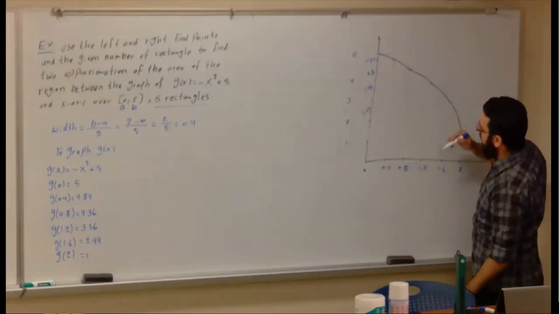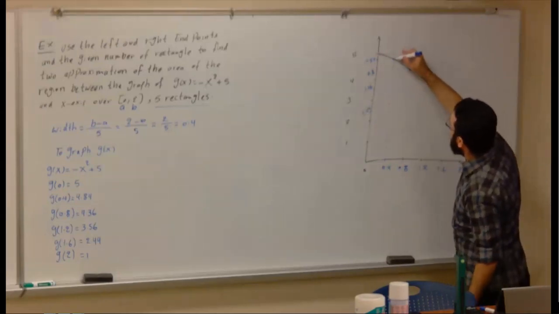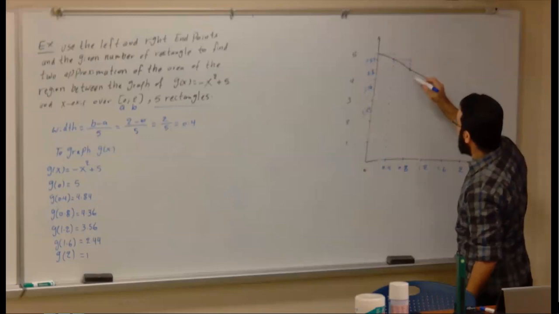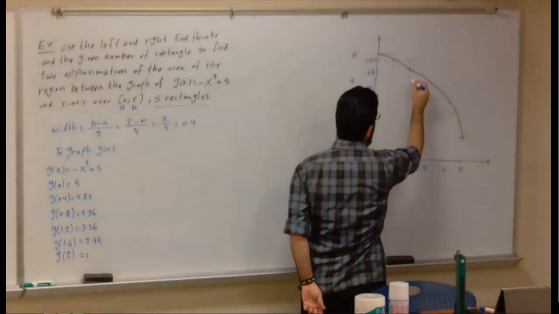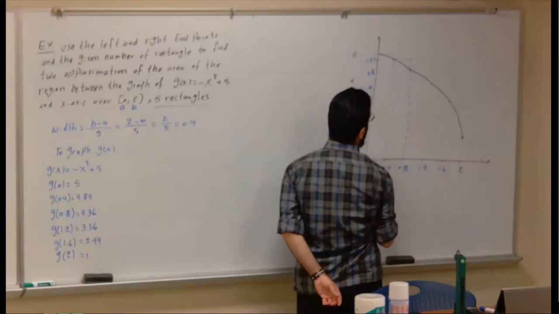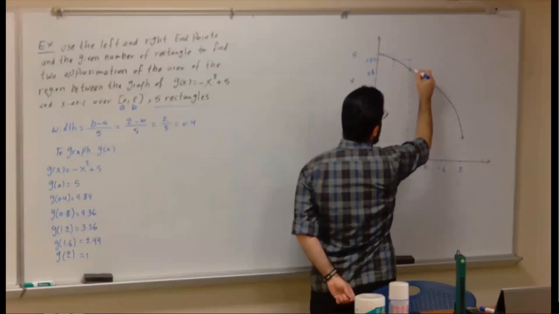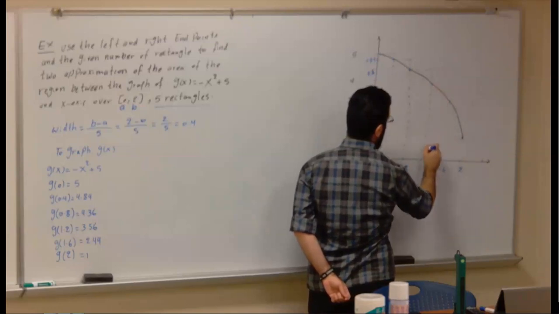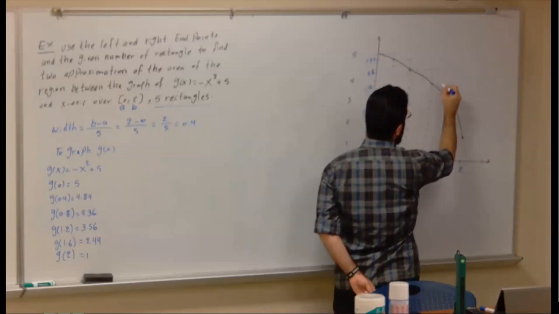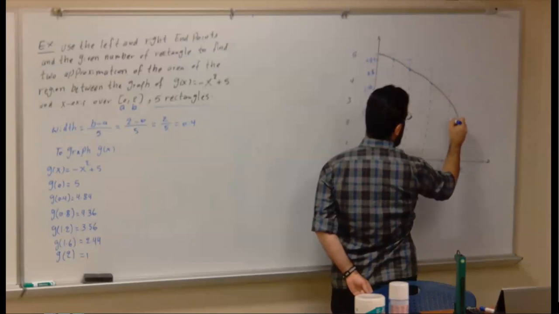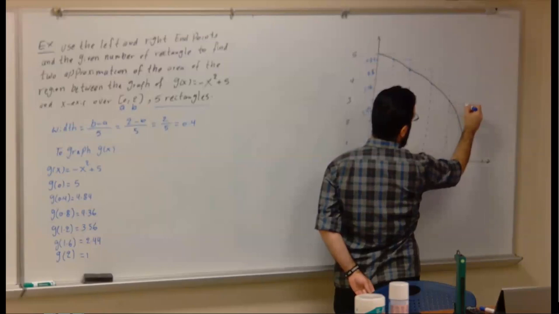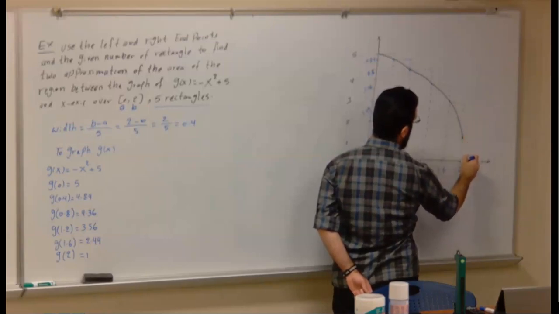The second rectangle is going to start from this point. This is the second one. The third one, we're going to start from this point, go down, and the last one, start from this point, going down until 2.